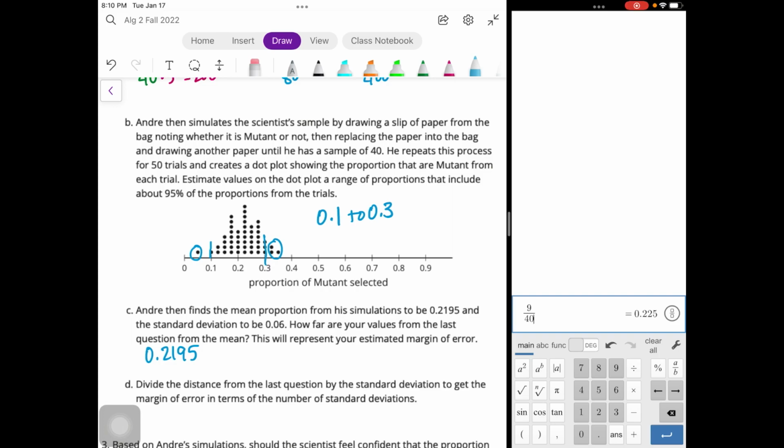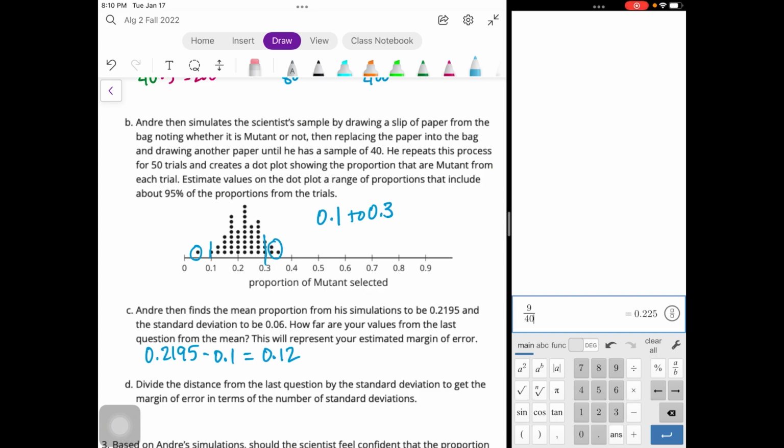And if we subtract 0.1, we get 0.12. And that's 2 standard deviations away.